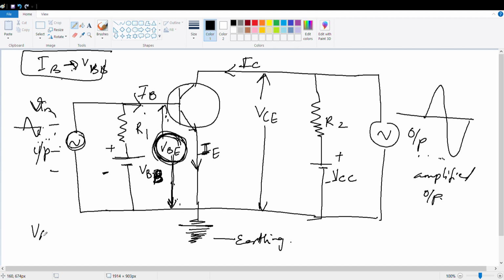Now that VBE plus V in determines the total input voltage. That is how the magic happens, that is how the transistor works.